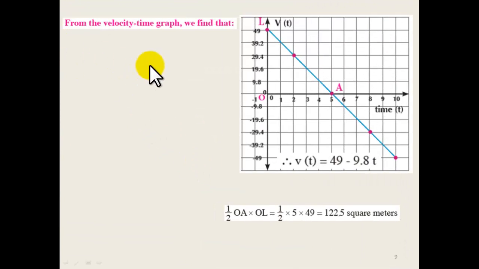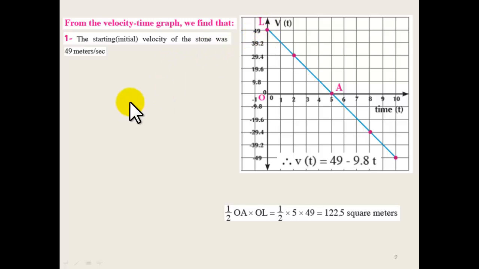Here, from the velocity-time graph, we find that the starting velocity of the stone was 49 meters per second when t equals 0. And it decreases during the time, and it's clear from the straight line.